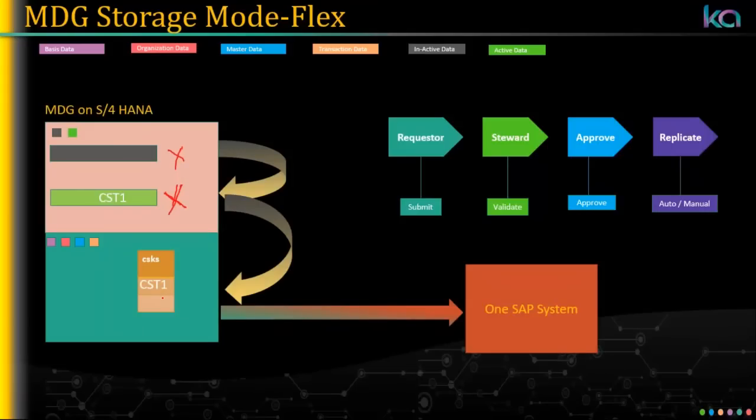Now, when will we use the flex storage mode and when will we use the reuse storage mode? The usage of these storage modes is based on time dependent data.